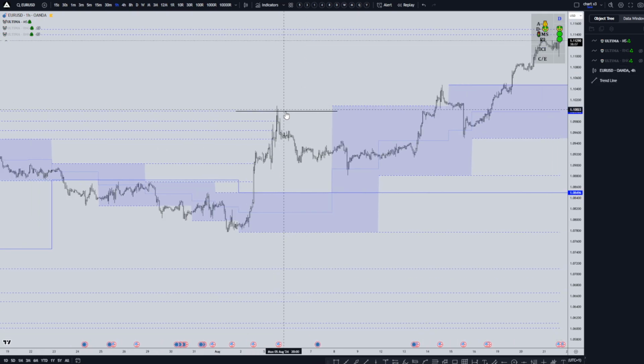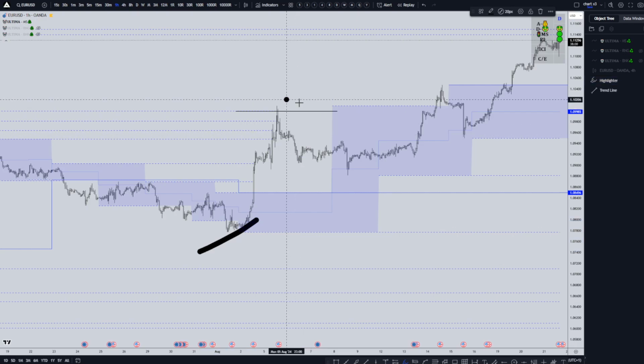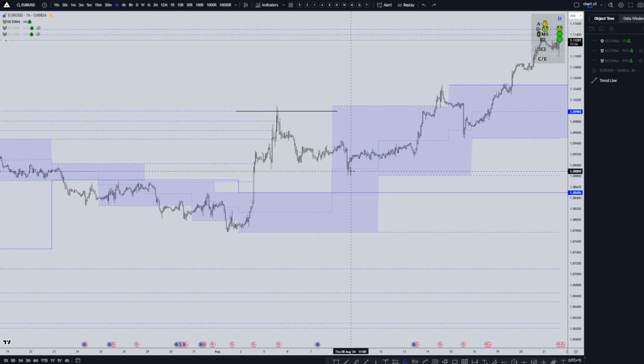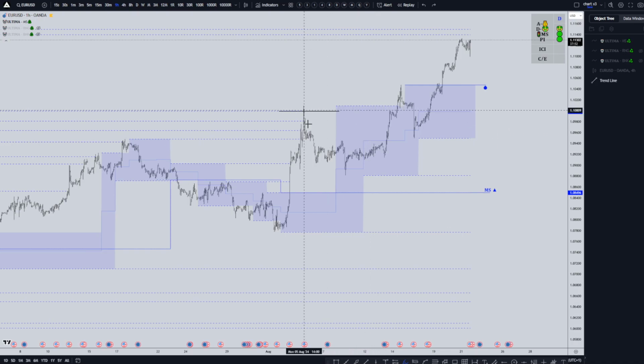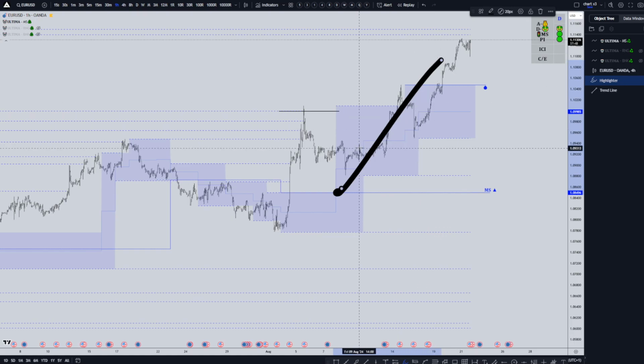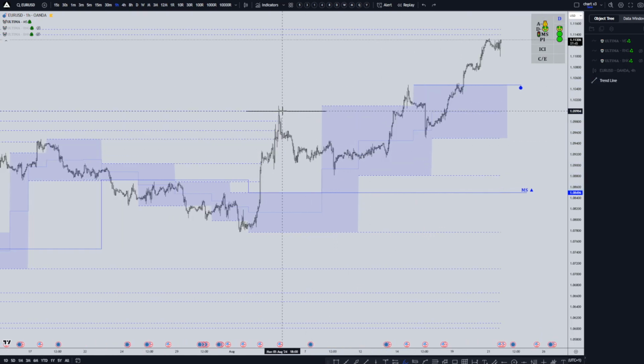So we sweep this, we come back. If it's a pullback, it's either going to be 50% of the last structural range, ICI, exactly here, or we're going to pull back, retest the structural break and then go higher, or that could be an early sign for reversal, invalidating that.